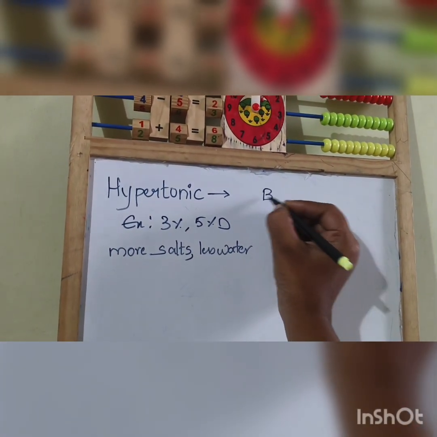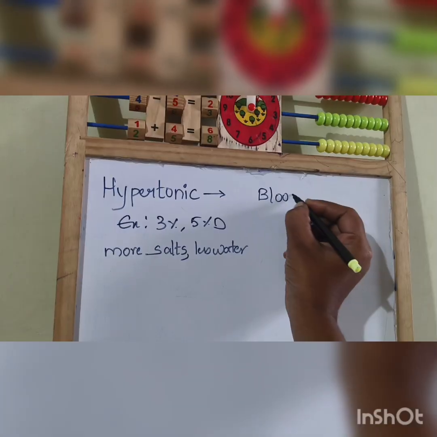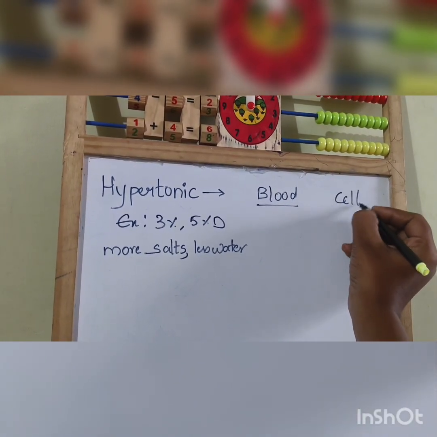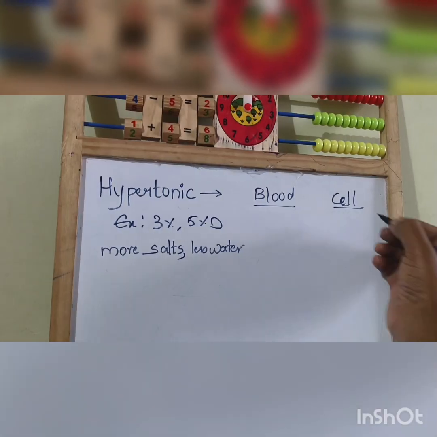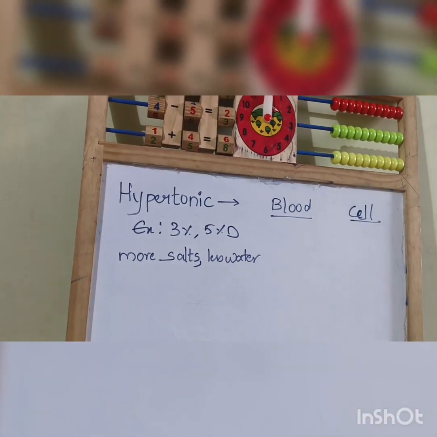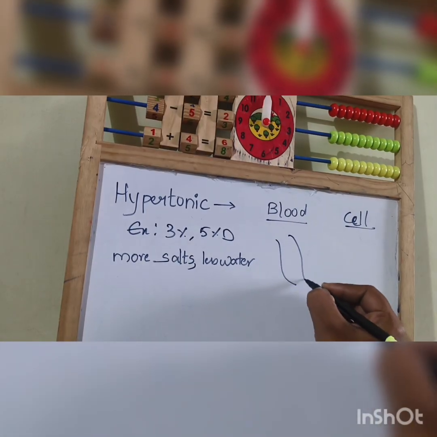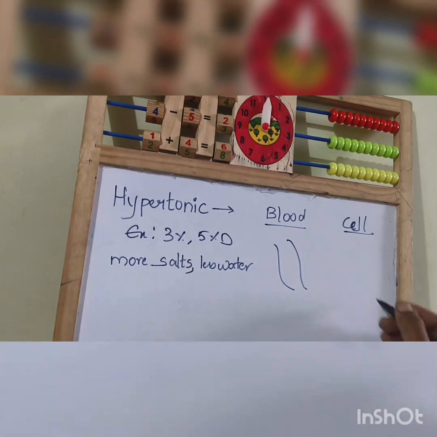If we give it intravenously, it will mix into the blood. So what will happen between the blood and the cells? It has more salts and less water, and it goes into the blood vessels.